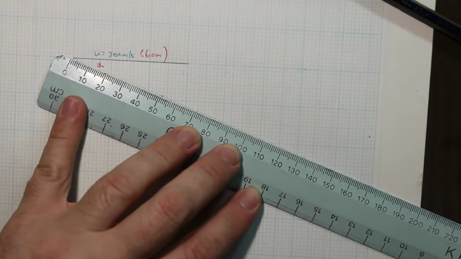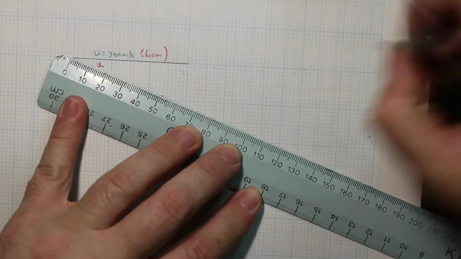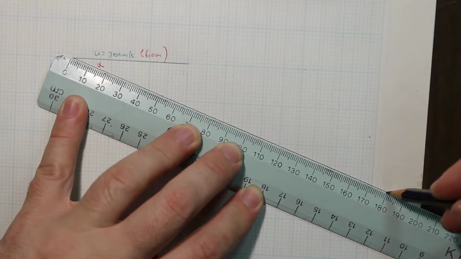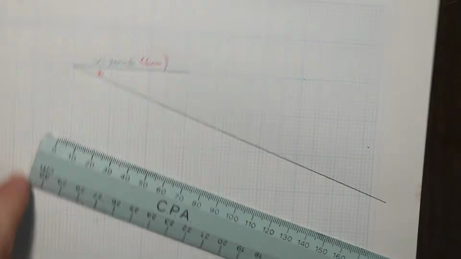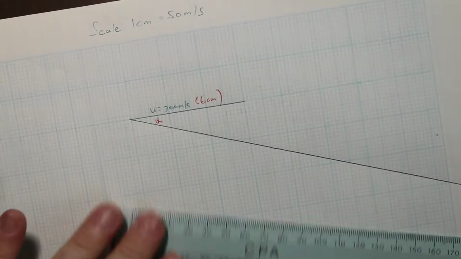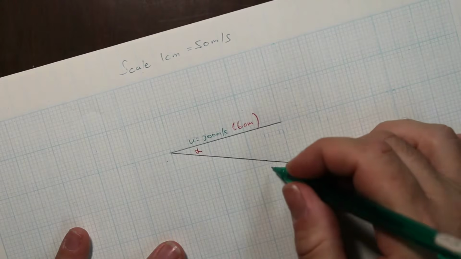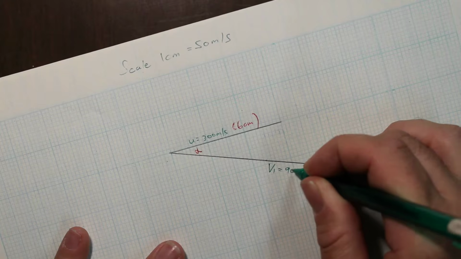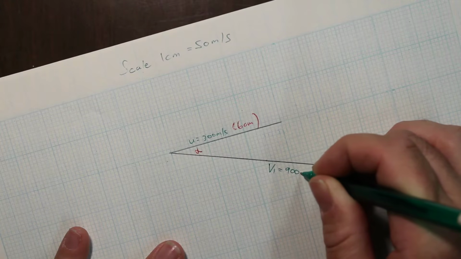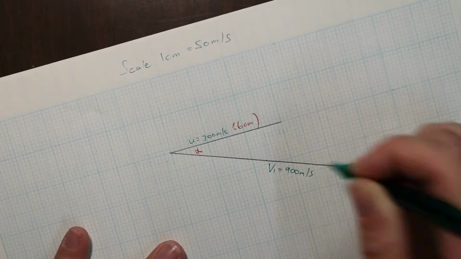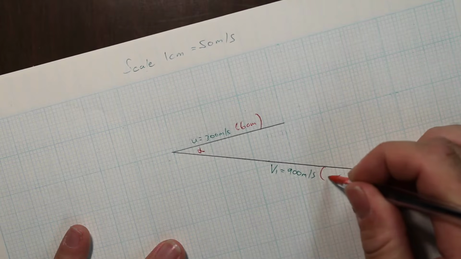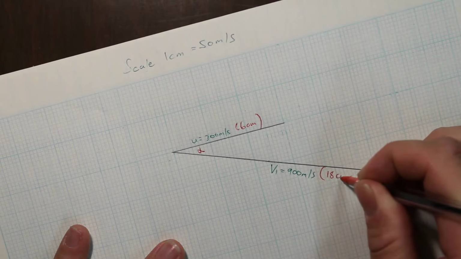It goes right off my page. And there's the first line. That's V1, the velocity of our steam coming in, 900 meters per second, and that length is 18 centimeters.